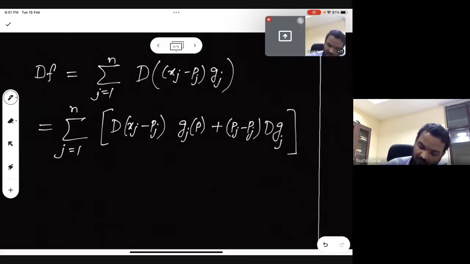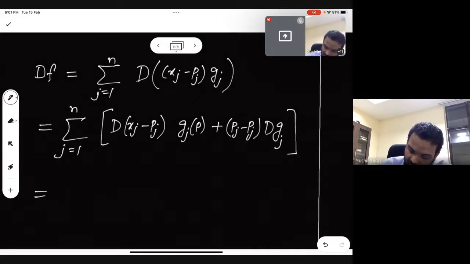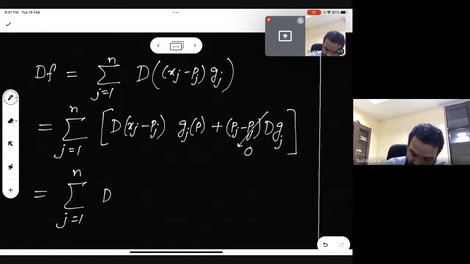Now this one is again 0, right? So here j equal to 1 to n, this is D of xj minus D of pj, times gj(p).